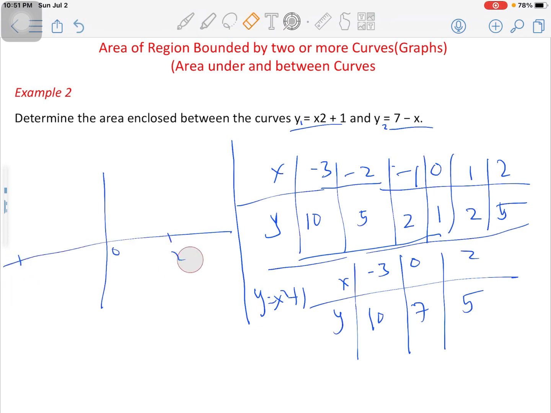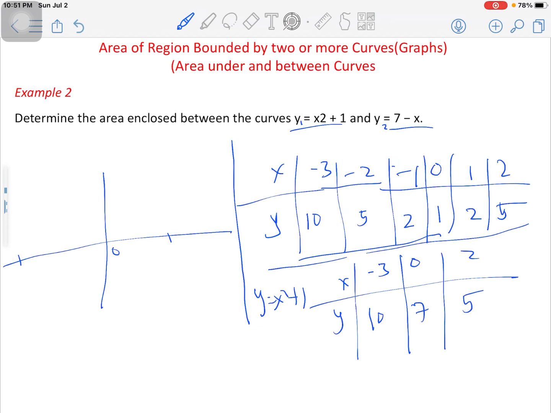Now remember that negative 3 and 2 are the meeting points, the intersection points of these ones, and they have also helped us to find the range that we want.